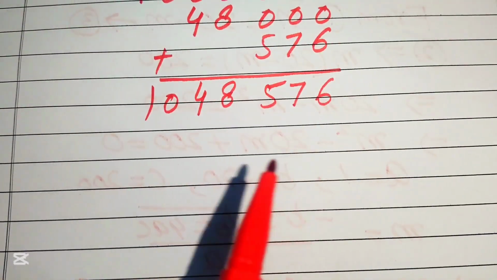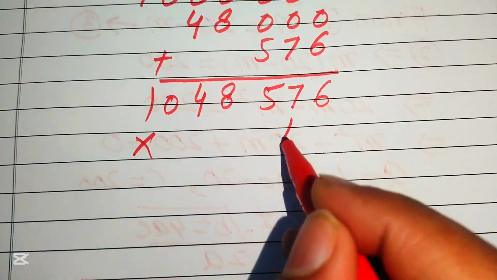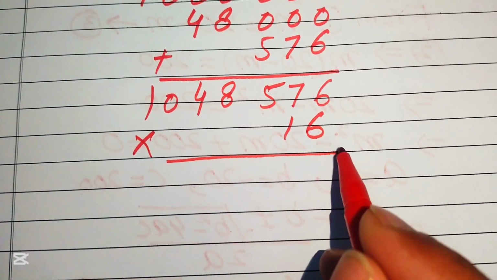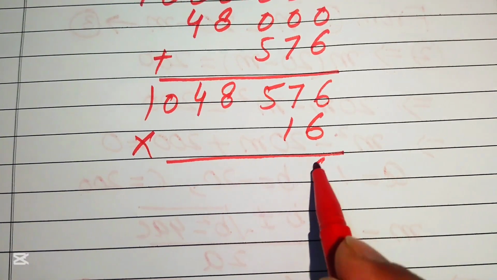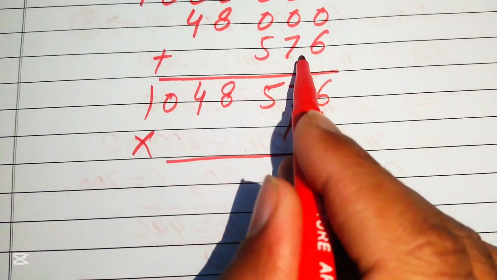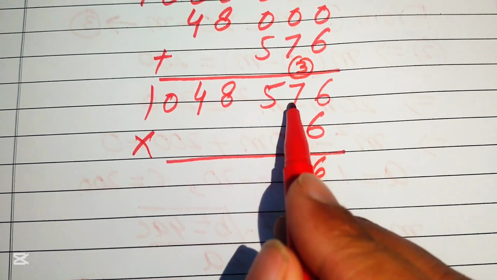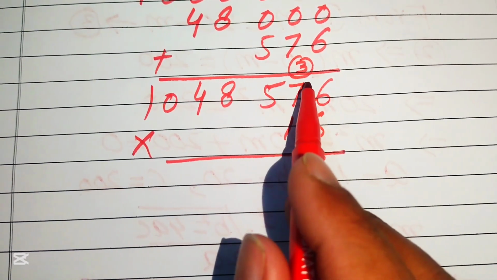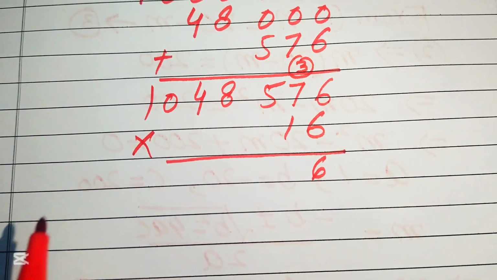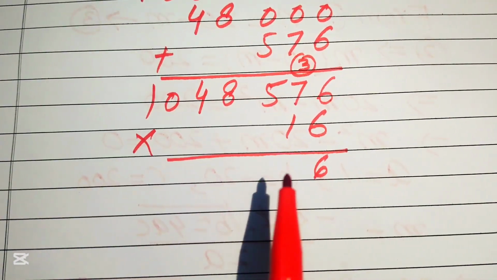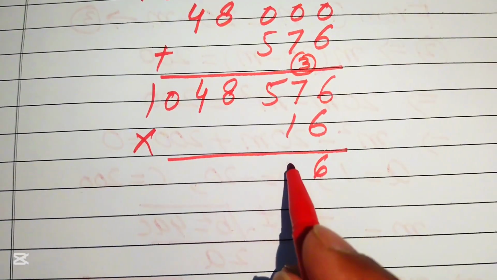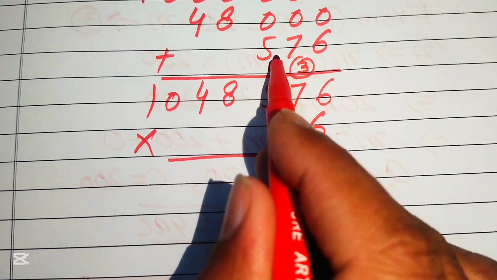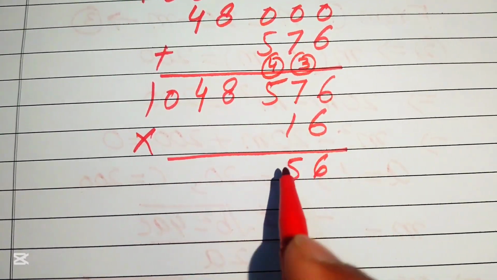First we multiply this whole term by 6: 6 6s are 36. We write 6 and carry 3. 7 times 6 becomes 42, and 42 plus 3 becomes 45. We write 5 and carry 4. 6 5s are 30 plus 4 is 34.